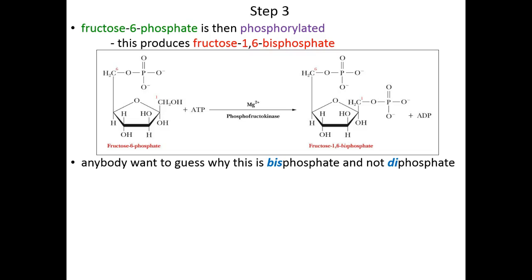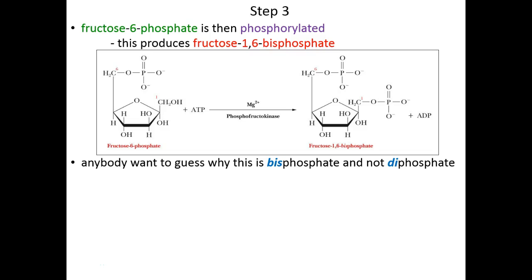If you've realized that those 2 phosphates are on 2 different carbons, that's the reason why this is called a bisphosphate molecule. Diphosphate means the 2 phosphates are linked together, 1, 2, as in adenosine diphosphate. In adenosine diphosphate, the 2 phosphates are linked as pyrophosphate. Here, because the phosphates are on 2 different groups, they're linked to 2 different carbons, we don't say di, we say bisphosphate.